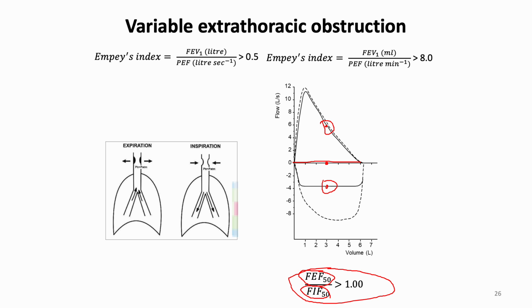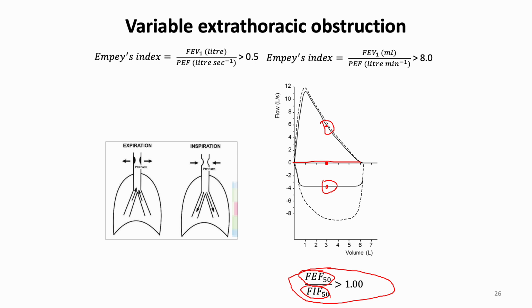But in any event, if that value is high, that's basically a way of showing that the inspiratory curve is flat relative to the expiratory curve, and thus also pointing towards variable extrathoracic obstruction.